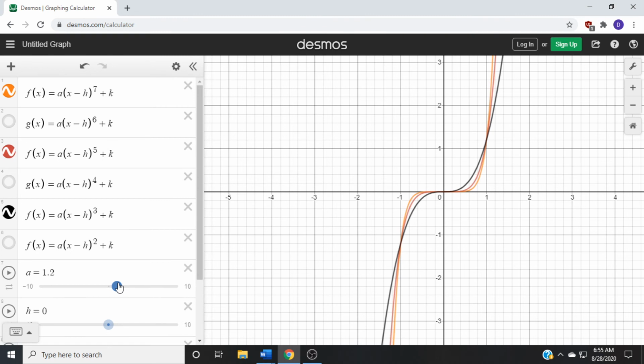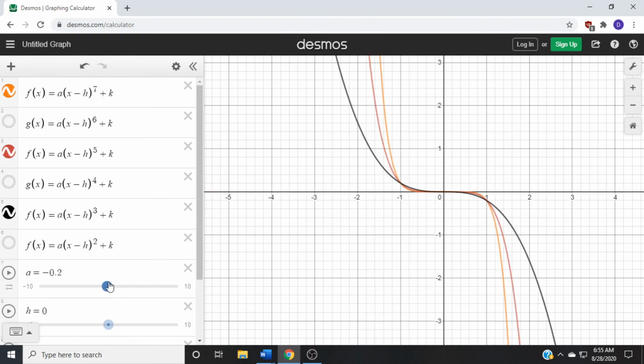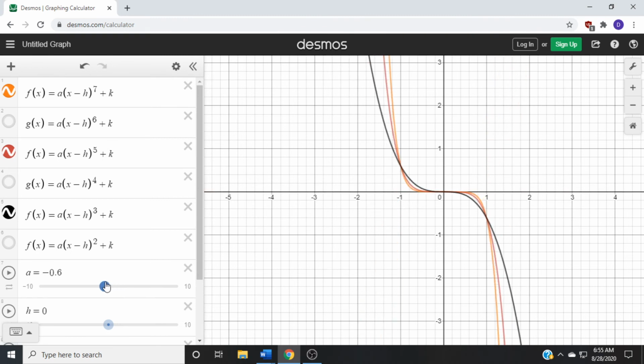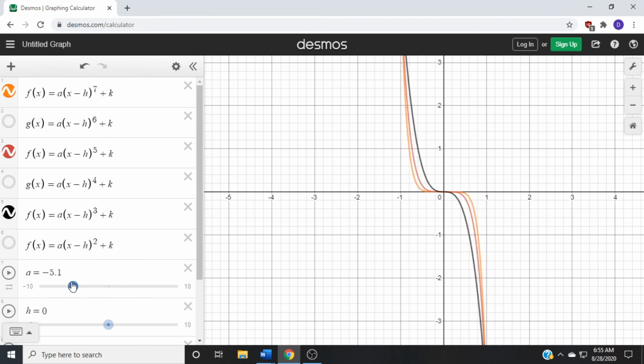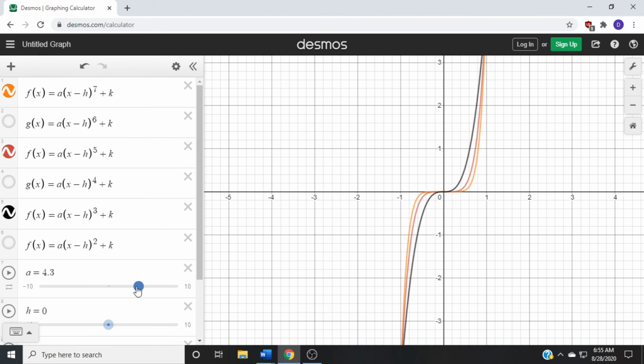What about negative? As soon as we go negative, we are flipped. It rises to the left and falls to the right. This just means it's constantly decreasing as we go left to right.